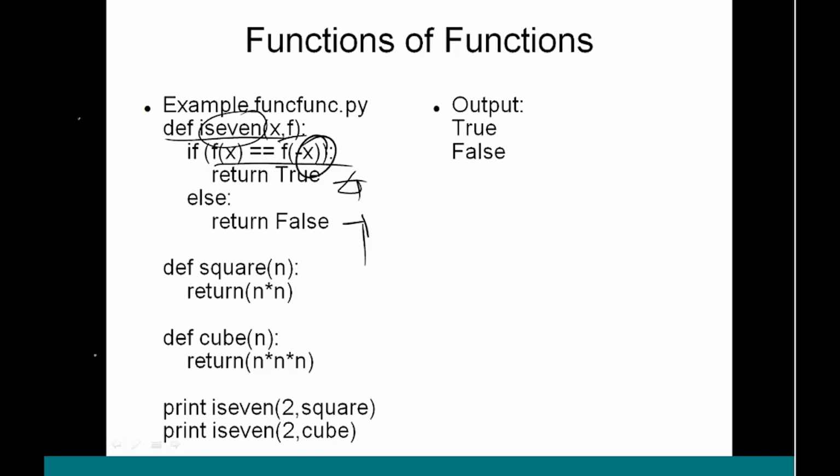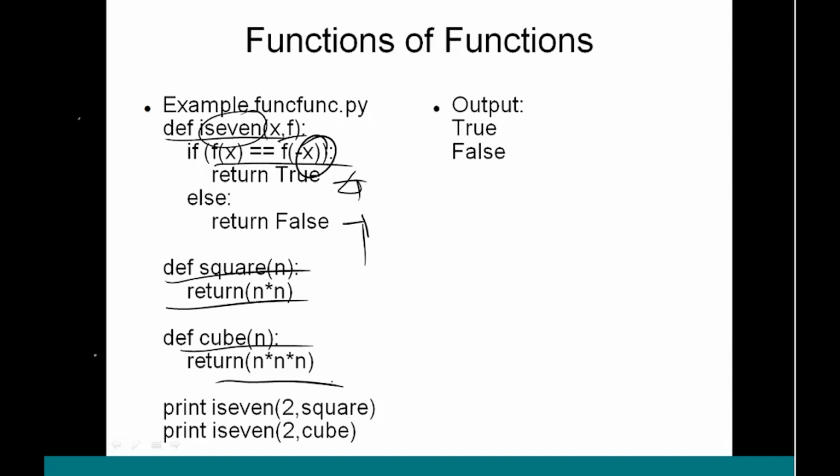And how do we determine this? It's because we now do a square. So we are defining another function called square(n), which just returns the multiplication, and then we also define another one called cube, which returns n times n times n.